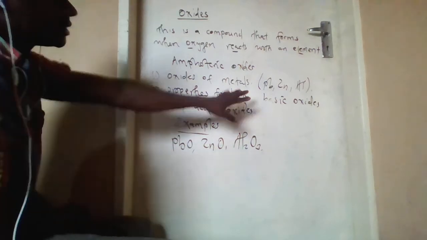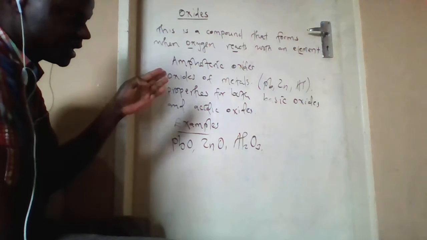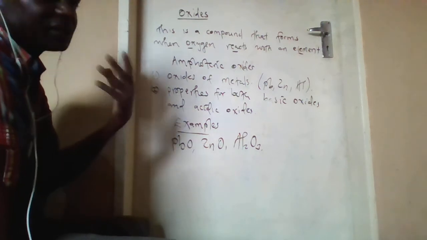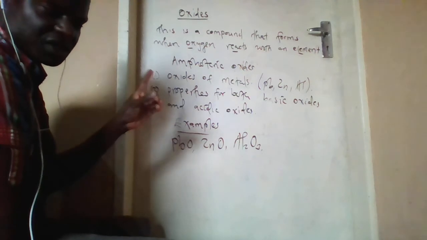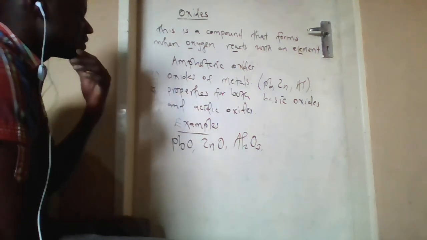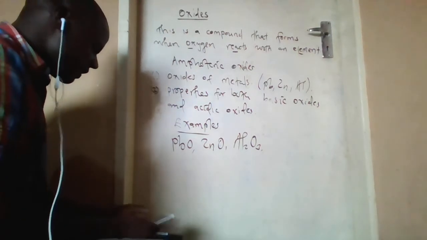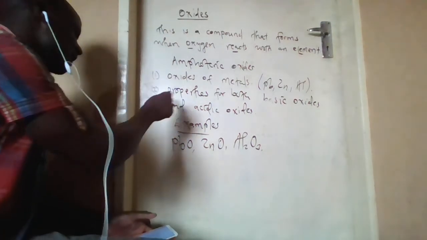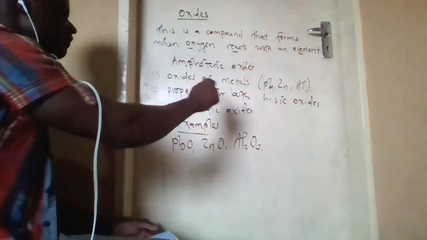The only metals mentioned are lead, zinc, and aluminium. If the metal is calcium, magnesium, lithium, or sodium, it is not going to be an amphoteric oxide, but a basic oxide. Because these have basic properties, they can react with acids to form salt and water.